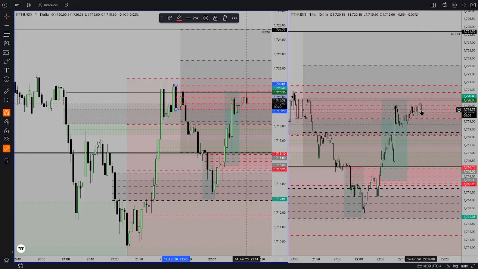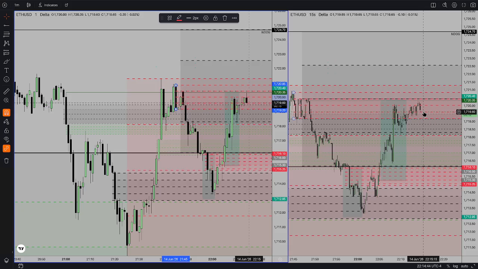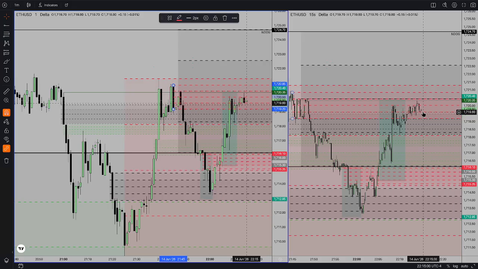I want to see the reaction from this low quadrant area. Moving towards the consequent encroachment, I want to see the reaction there also.